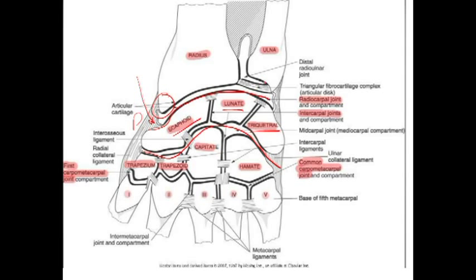Here we have a styloid process on both the radius and the ulna, with the ulnar head here. Notice that we have articulations between the first through the fifth digits. Here are the carpometacarpal joints.